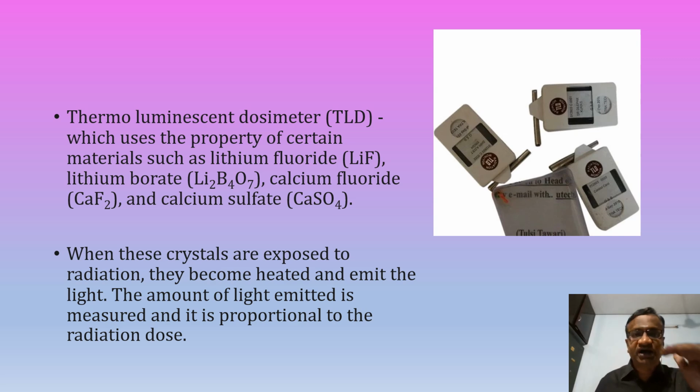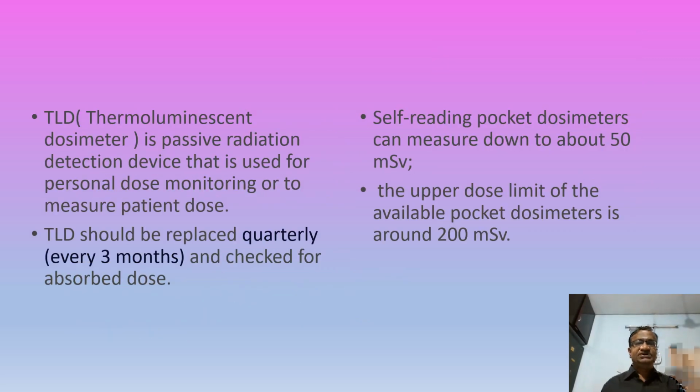Okay, this is what is called a TLD badge. Now, a TLD badge is a passive radiation detection device. It should be changed. There will be a circular and everybody should change. The cassette will be changed. The name will be there.